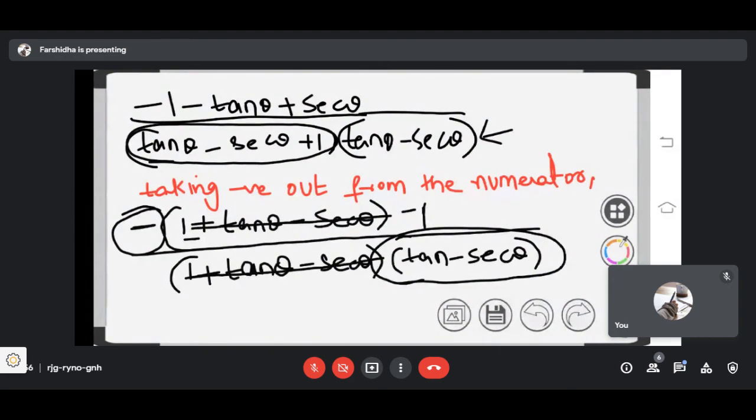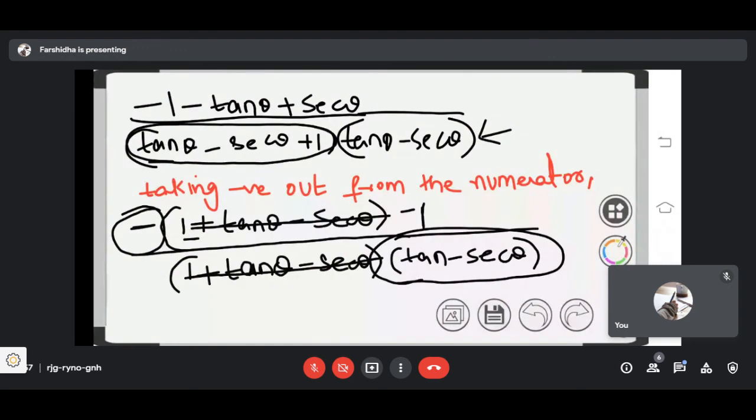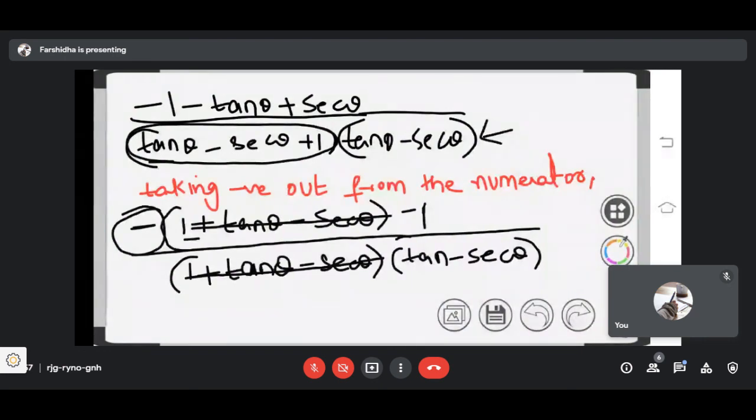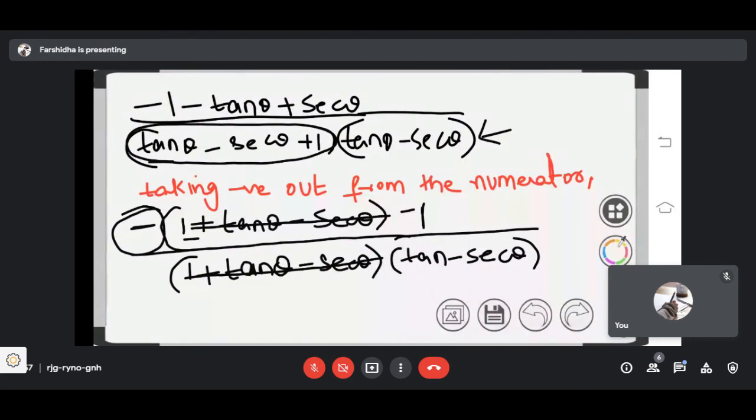So this is what remains. We just taken out the negative from the numerator. So it became 1 plus tan theta minus sec theta. Denominator also you have 1 plus tan theta minus sec theta. Both got cancelled. So what is remaining? Minus 1 on the numerator side. Tan theta minus sec theta on the denominator side.